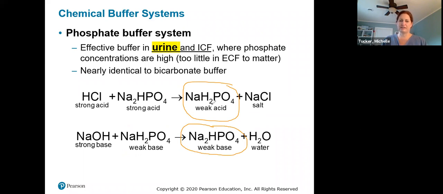And what changes, if you can take a look, is the number of hydrogen ions between these two. You don't need to know these reactions. For phosphate, you do need to know that it will be utilized in the urine, and we'll be going into that more when we get to renal regulation. And then just like all systems, it has a weak acid and a weak base, but you will not be expected to write out these formulas.